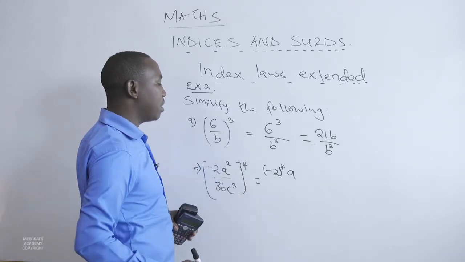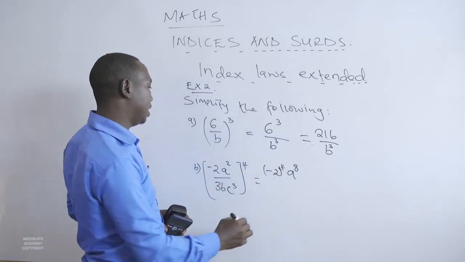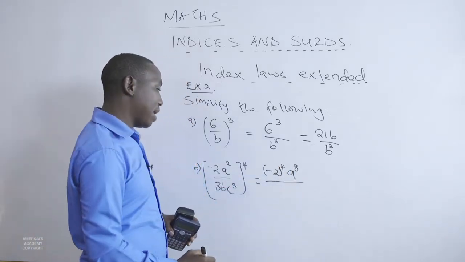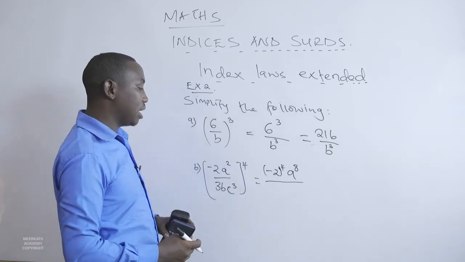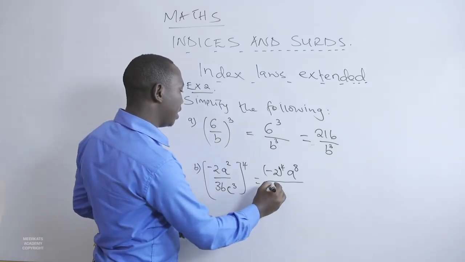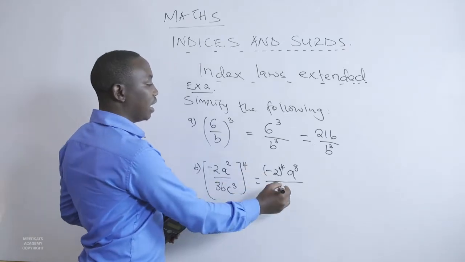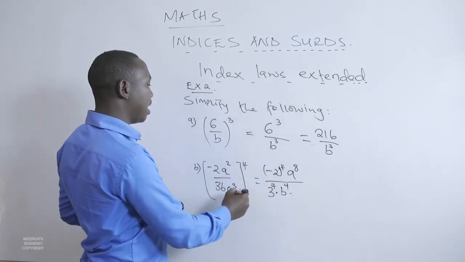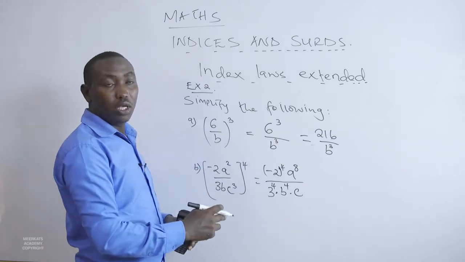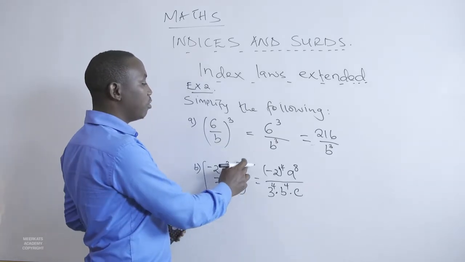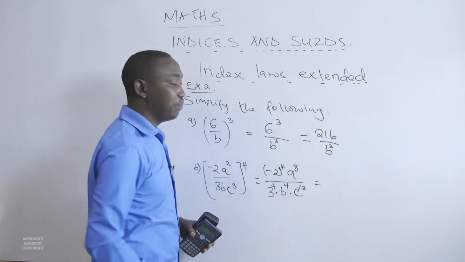Hence, we multiply the powers, which will give us 2 by 4 is 8. Divided by, the 4 is going to again affect the denominator, where we shall have 3 raised to the power of 4 multiplied by b raised to the power of 4 multiplied by c cubed, again raised to the power of 4. So it's a power of another power, hence we multiply the powers. 3 by 4 will give us 12.